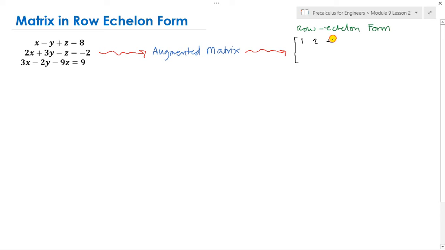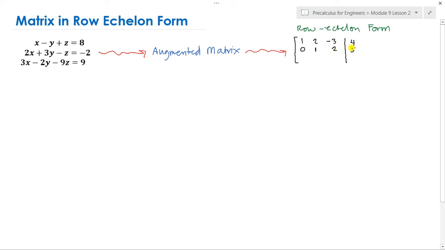Let's say we have 2, negative 3, then bar here, I have a constant 4. Next, since sa row echelon, wala na x, di ba? Sa second equation, there's no x anymore. Therefore, ma-0 ni, again, si y, siya na ang leading term, dapat yung leading coefficient ma-equal na 1, then the rest, depende na.